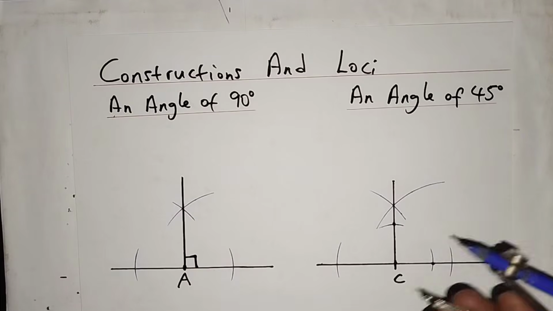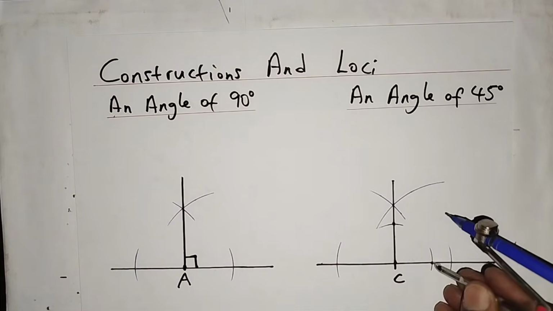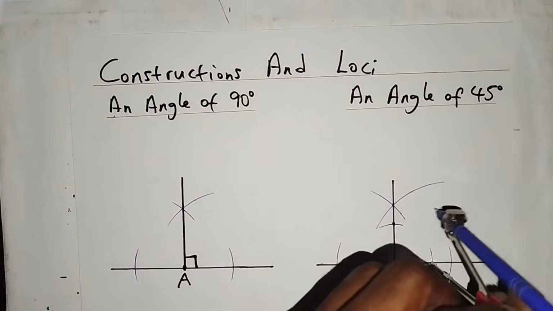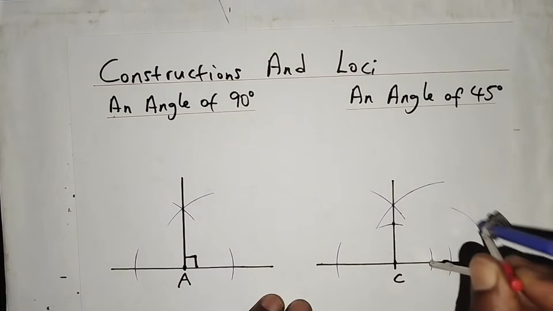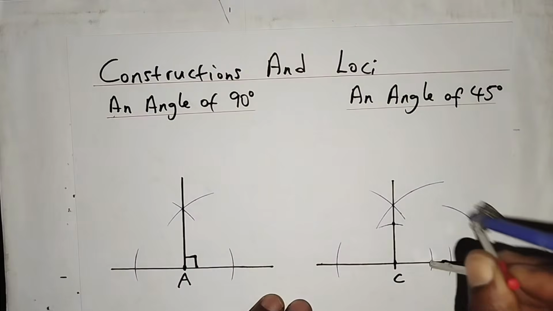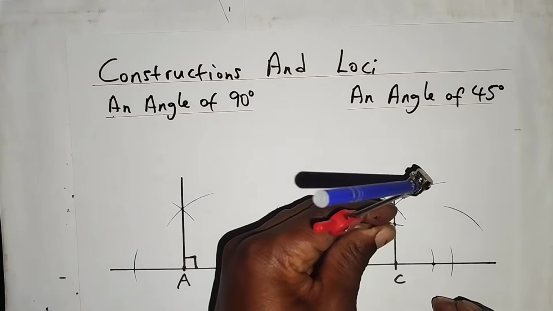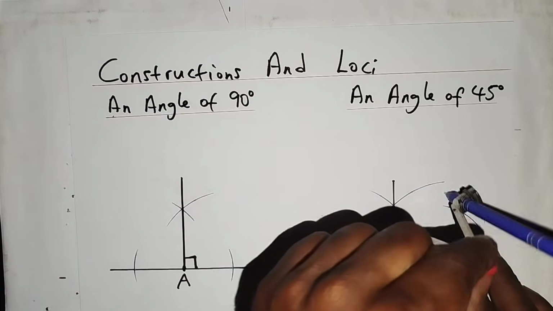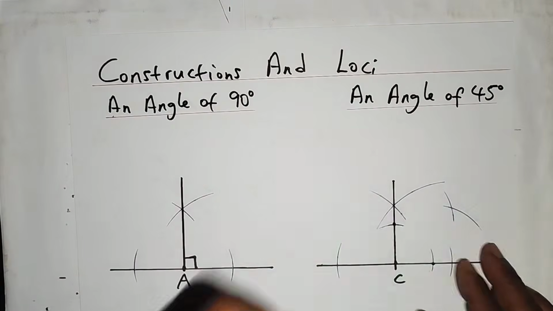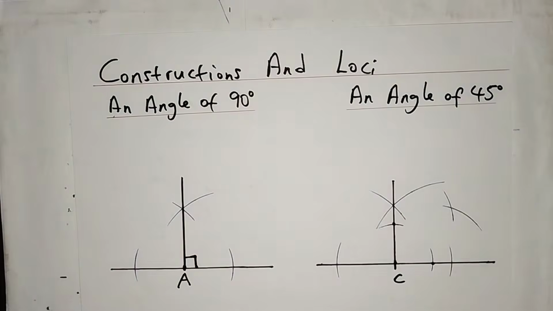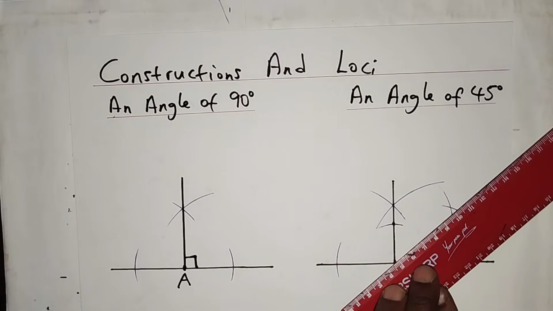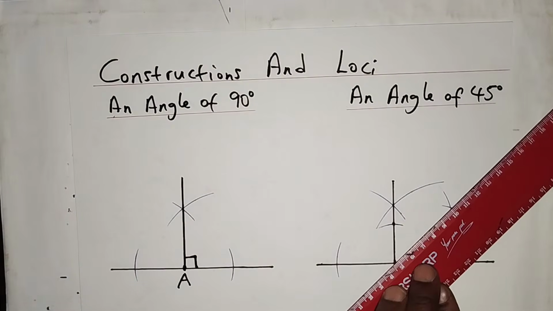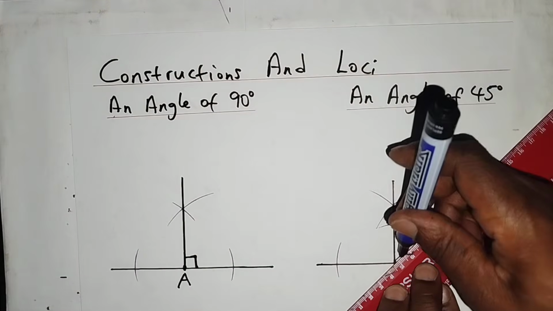Here I can also change the radius of my compass. I'll draw one arc here, and this one is my center now. Draw another arc here. Right, so from C right through the point of intersection of the arcs.